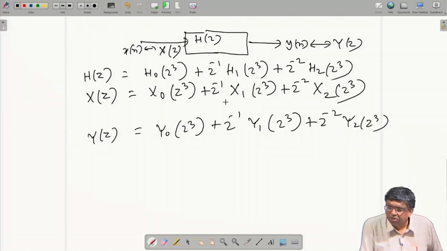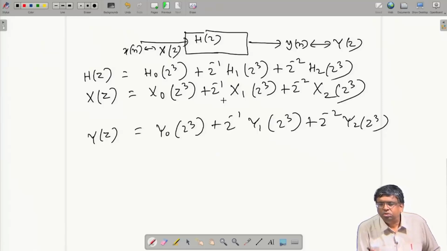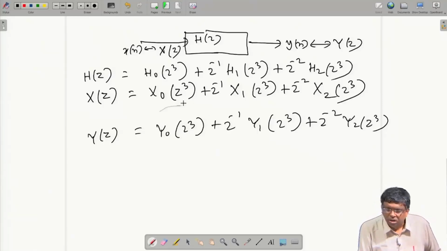That is, when I multiply the two, first find out a polynomial in terms of z to the power 3 only. Then find out terms from which z inverse can be taken common, and the remaining part is again a function of z to the power 3. That whole thing will come here.